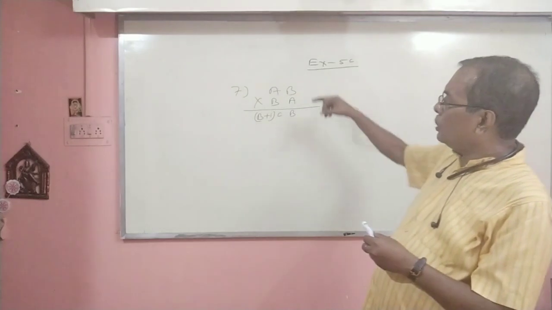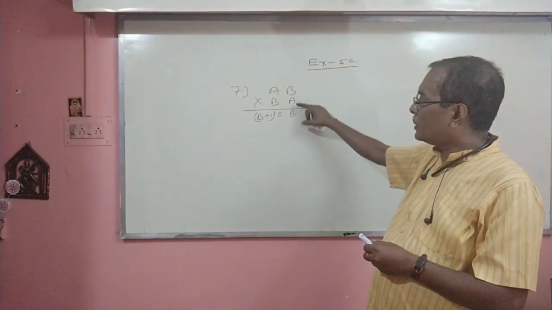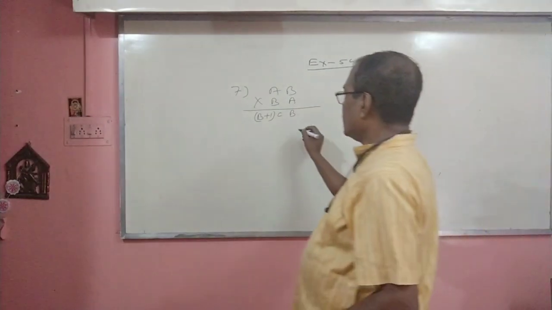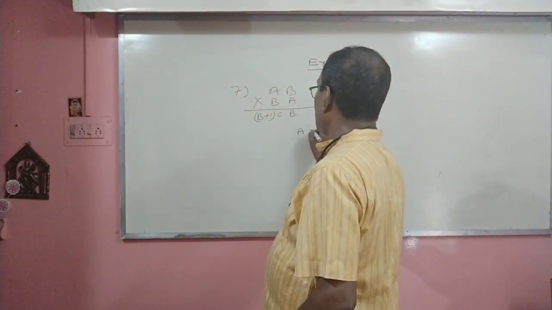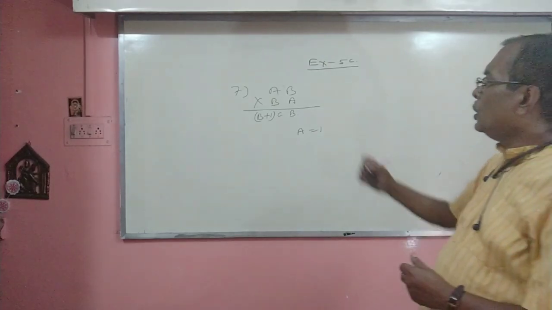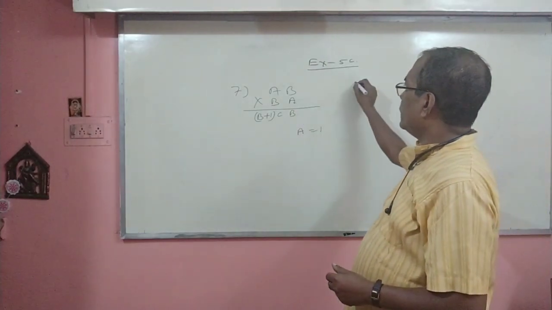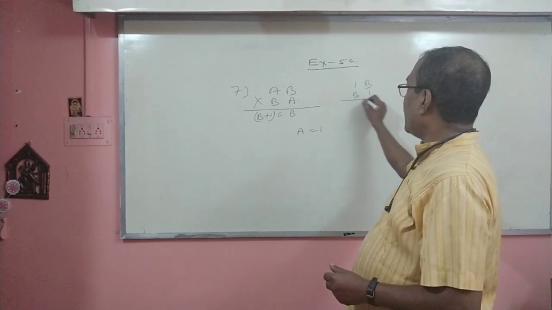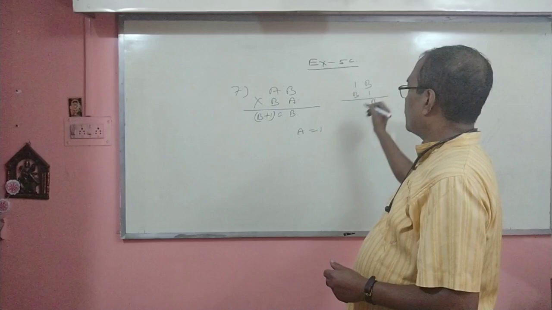Naturally, the same will come here only when A is 1. So one thing is quite clear, that A should be equal to 1. So if A is 1, then it is 1, B, 7, B, 1, and after multiplication B is coming.